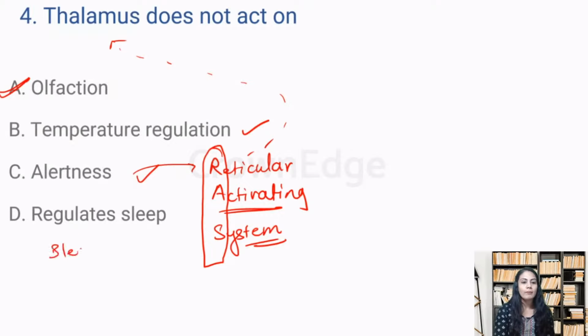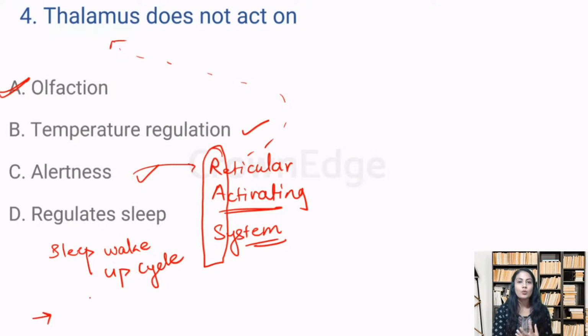The sleep wake cycle is known as the circadian rhythm. Remember, there is a 24, to be precise 25 hour clock in our brain. Even a blind person can know what the time is.